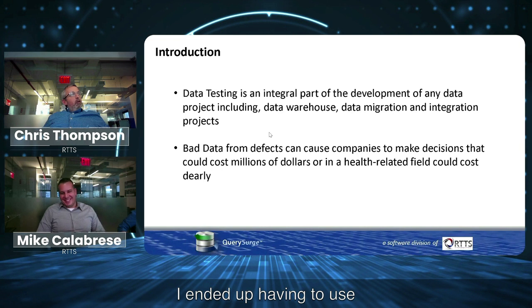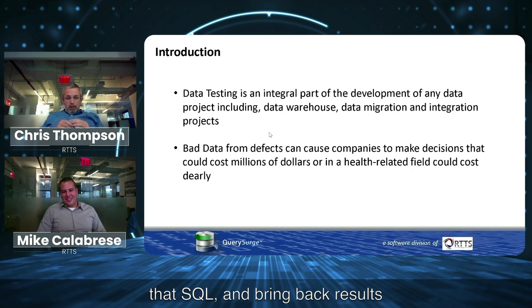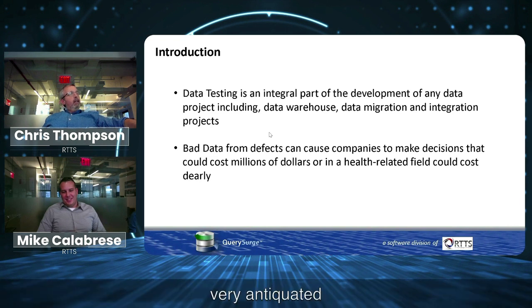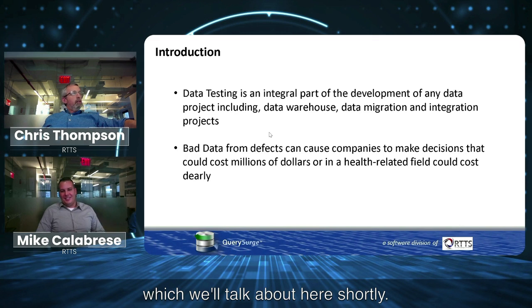I ended up having to use a lot of SQL, and I actually did use Windrunner to execute that SQL, bring back results into a very antiquated database called Microsoft Access, and that's where I would do the comparisons using minus queries, which we'll talk about here shortly.